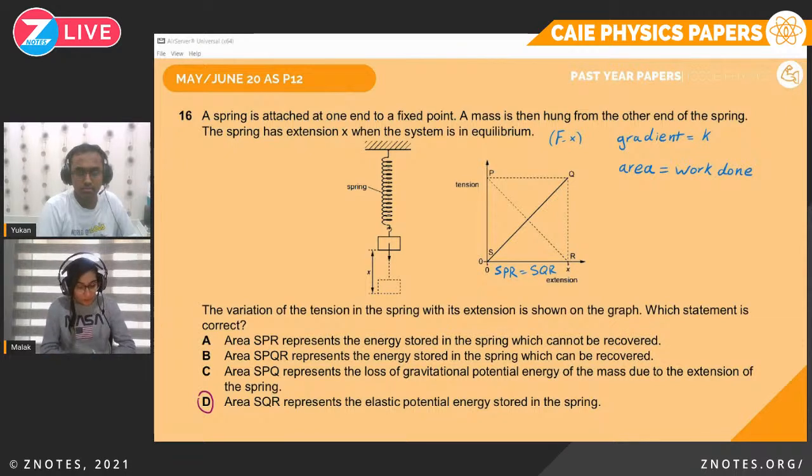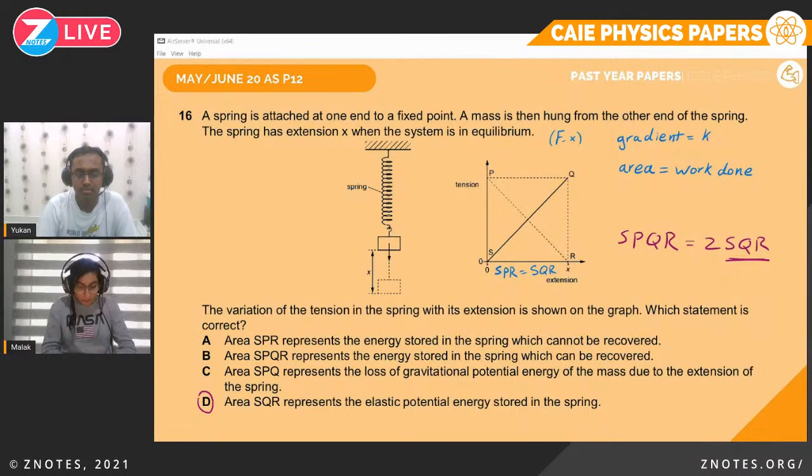Area SPQR represents the energy stored in the spring, which can be recovered. So area SPQR would be equal to 2SQR, which, no, that's not what we want. SQR is the energy stored, so that's not correct.